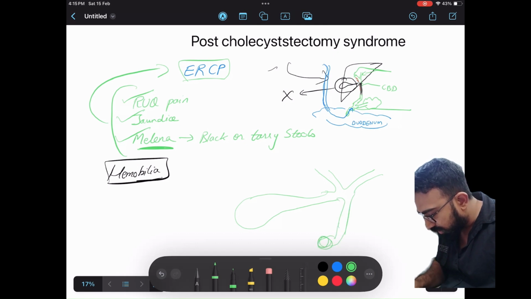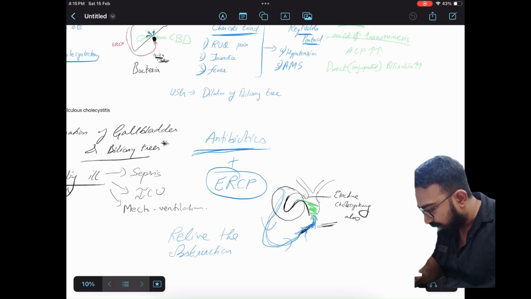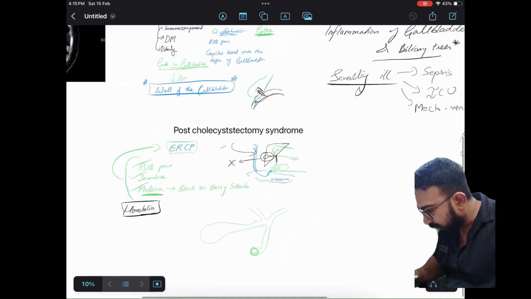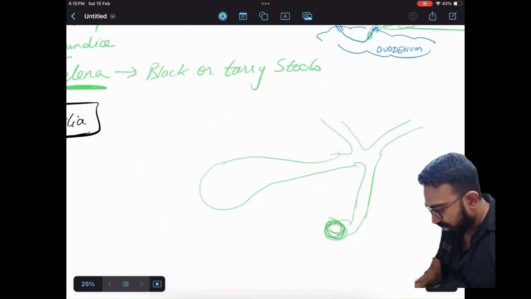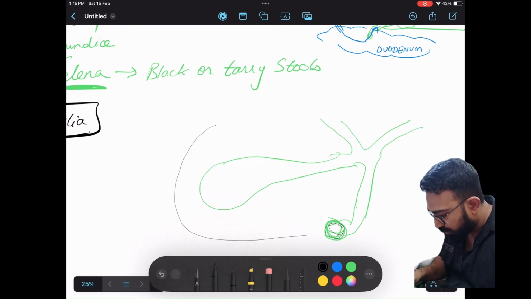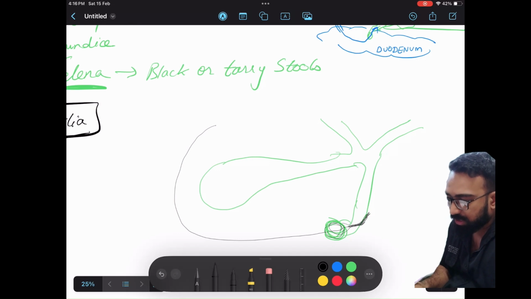If there is an opening over here, and you go through with the probe, you are doing ERCP to visualize the biliary tree, and while visualizing it, you accidentally hit the biliary tree itself.